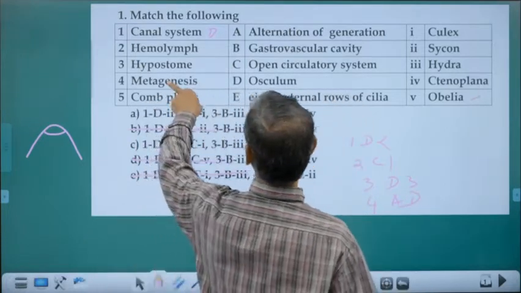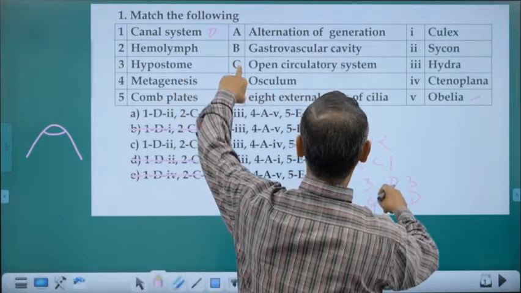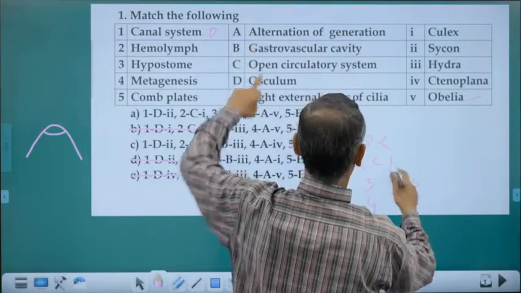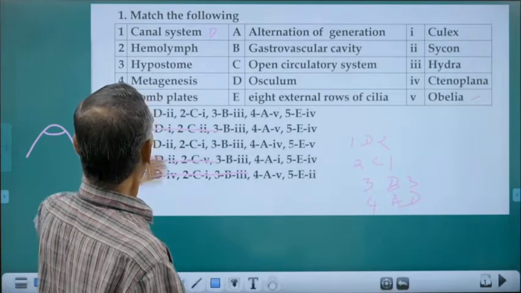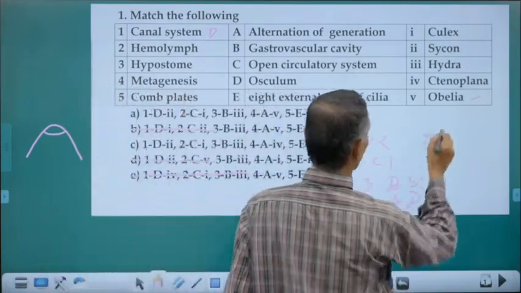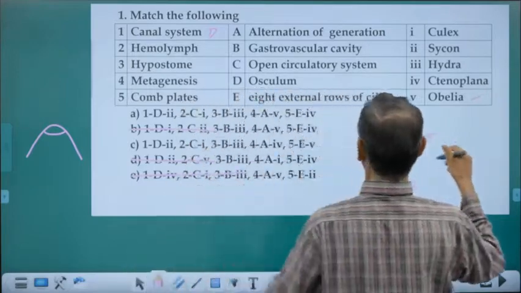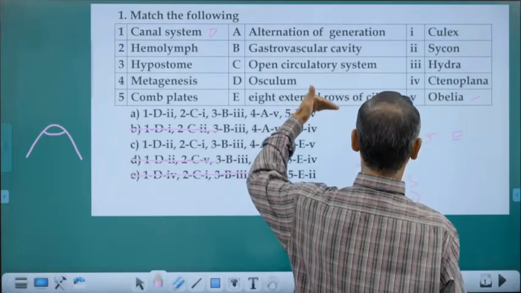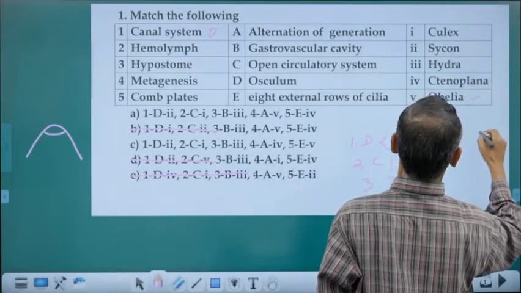Sorry. Hypostome is not D. Hypostome, gastrovascular, it is B, not. Okay. And comb plates, very simple. Comb plates are present only in Ctenophora, 8 external rows of cilia. That is the comb plate, ctene, and where you are having them, it is in Ctenoplana.